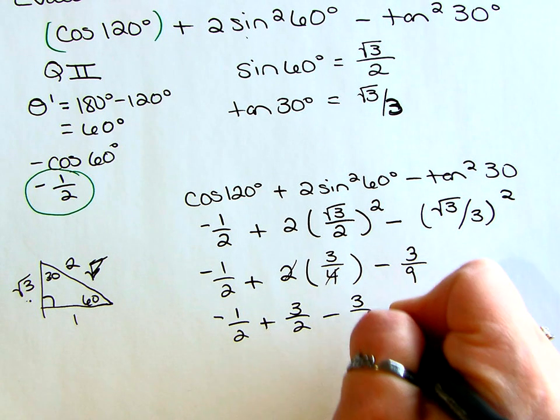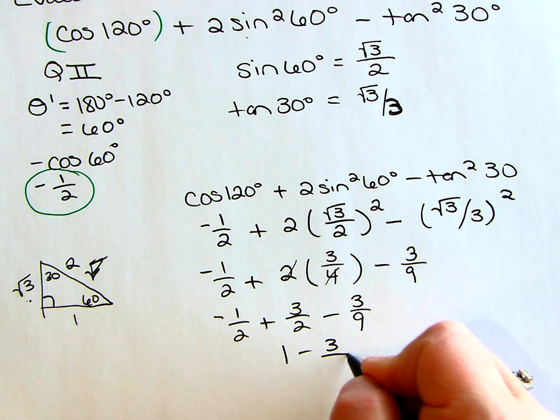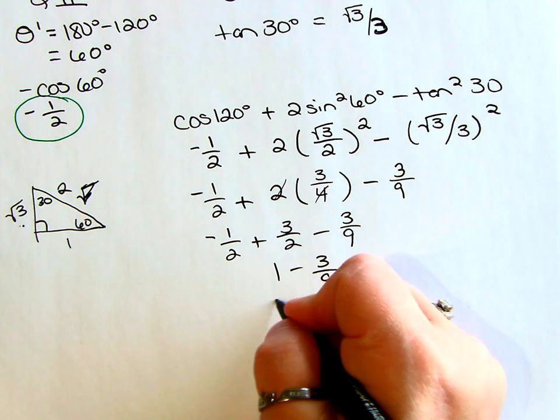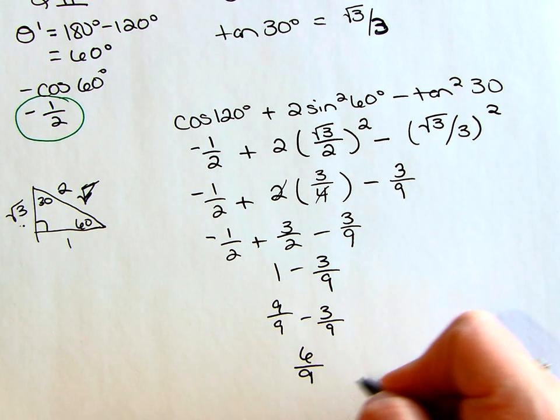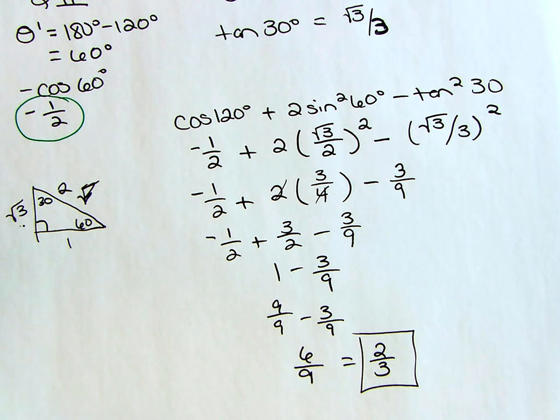One minus 3/9. So in the long run, we find that cosine of 120 plus 2 times sine squared of 60 minus tangent squared of 30 is equal to 2 over 3.